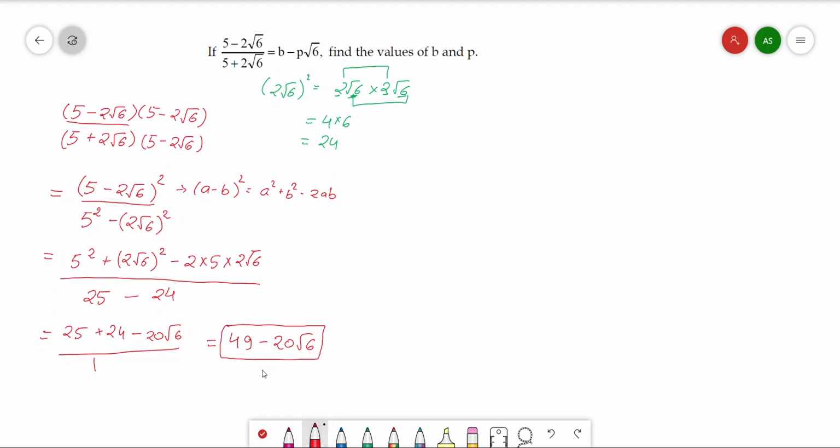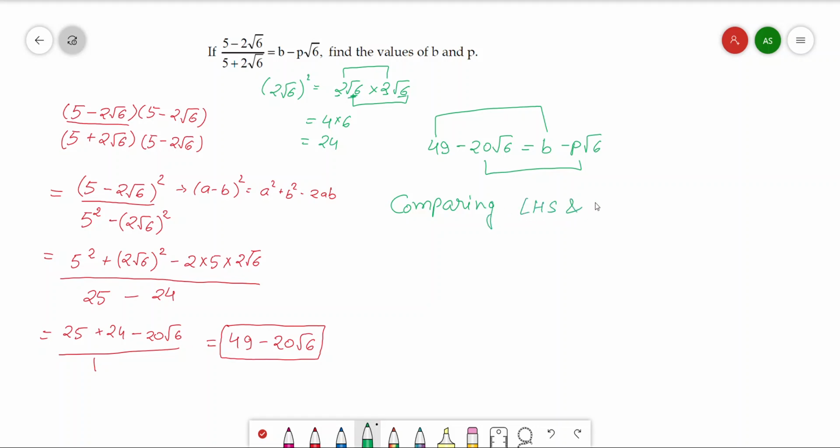Now we will compare this with the right hand side. That means now 49 minus 20 root 6 will be equal to b minus p root 6. Now comparing the left hand side and right hand side, we will be getting that 49 is equal to b, and minus 20 root 6 is equal to minus p root 6.